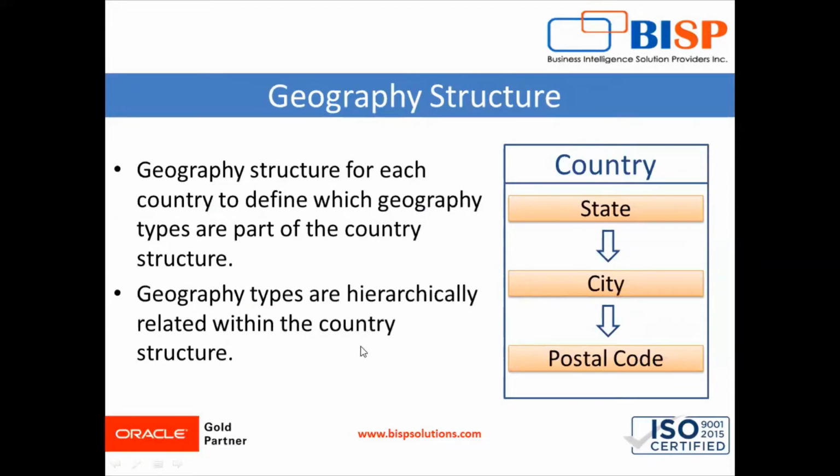For example, you can create geography types called state, city, and postal code. Then you rank the state geography type as the highest level within the country, city as the second level, and postal code as the lowest level within the country structure. In Oracle Fusion instance, geography structure can be defined using the Manage Geographies task.